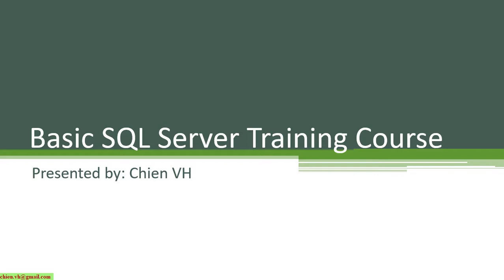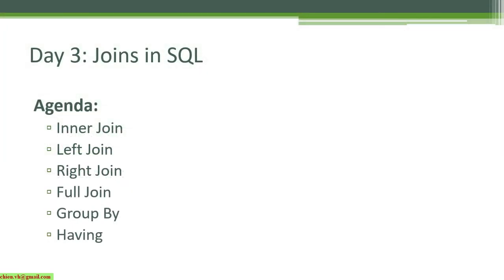Okay, so today we will continue with day 3. I will talk about what a join is in SQL Server and how many types of join there are. The agenda is inner join, left join, right join, full join, group by, and having. We use join, group by, and having when you want to combine data from multiple tables in the database in one script.